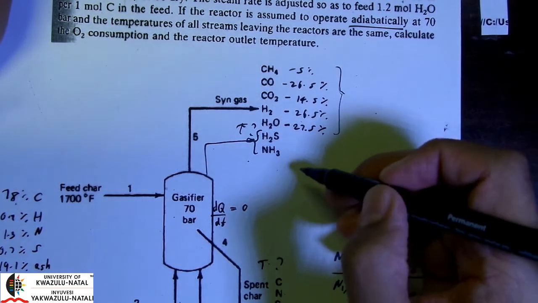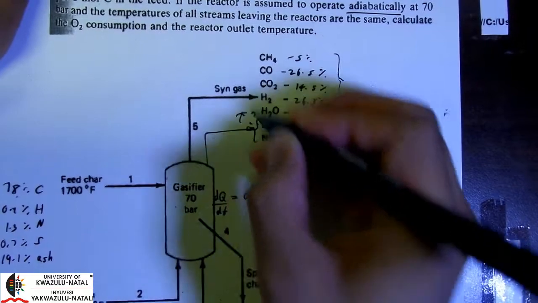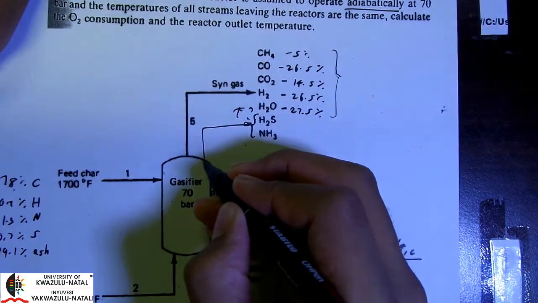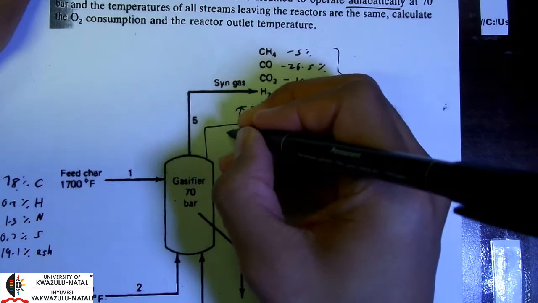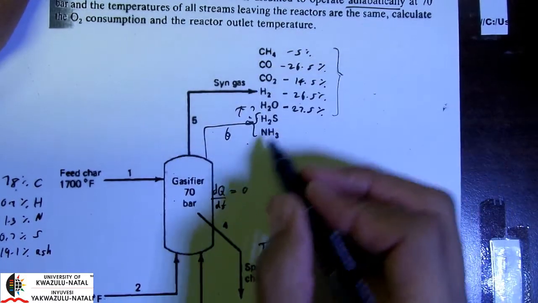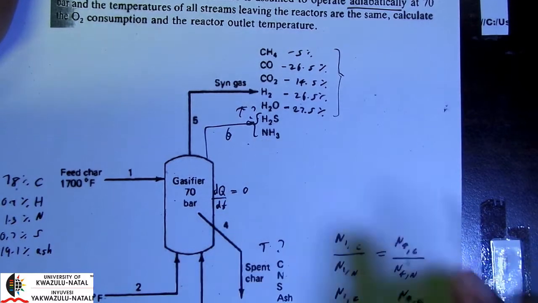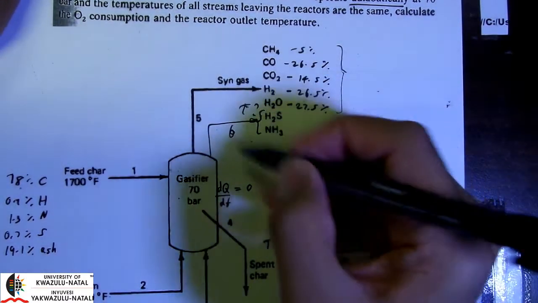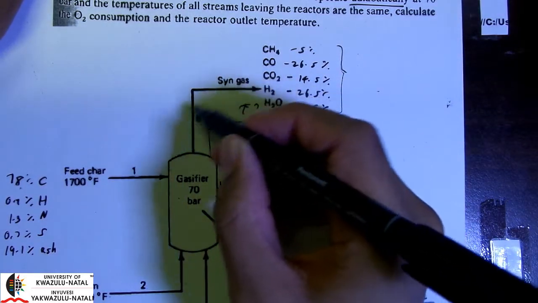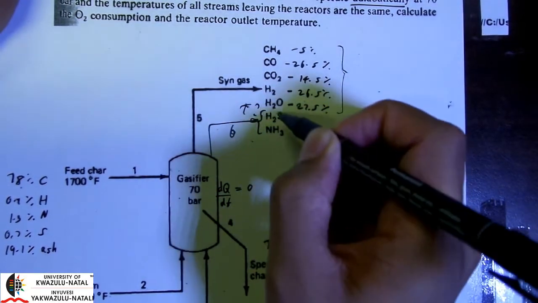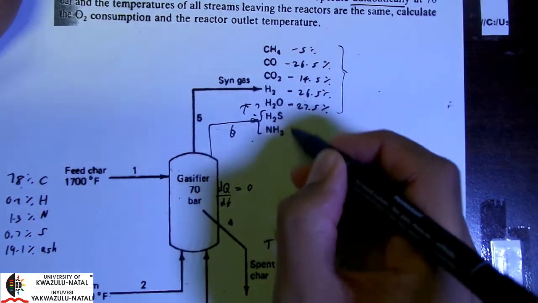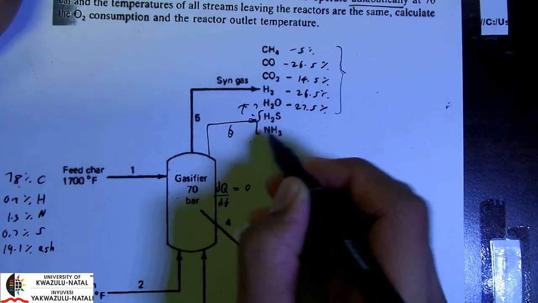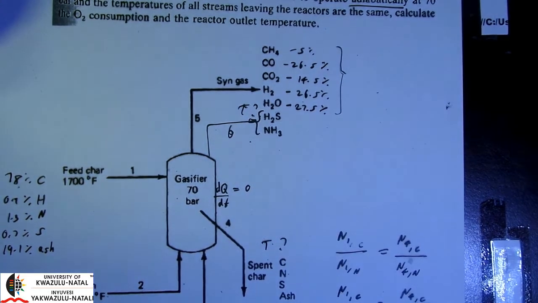Now, one way to get around this is to treat the mass balance such that we have a separate stream 6 coming out, and that will contain only the H2S and NH3. We know that in reality this is of course not happening. Everything is coming out in stream 5, but for the purpose of our material balance, we can treat these two components separately as if they are coming out in a separate stream, and we would of course get the same results.